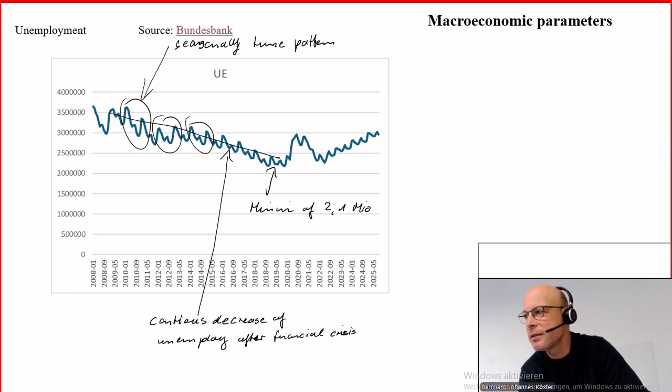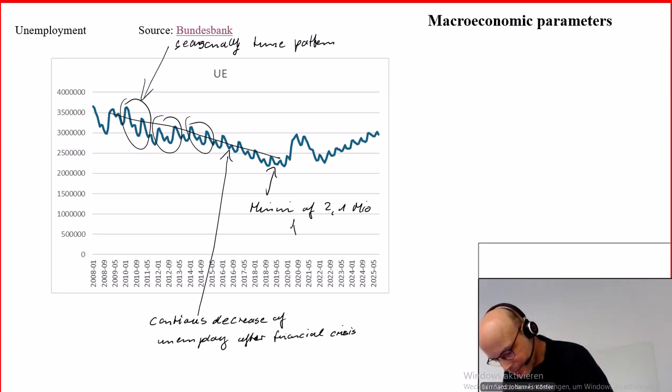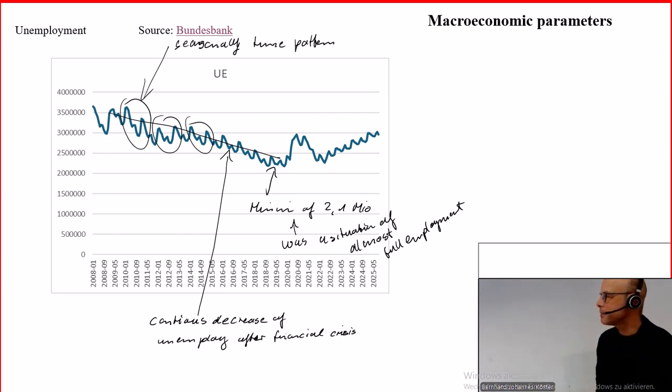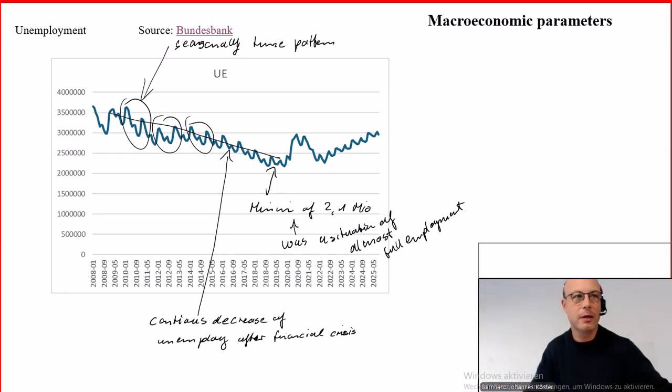And for this, we even could say that we had, until Corona in Germany, a situation of almost full employment.